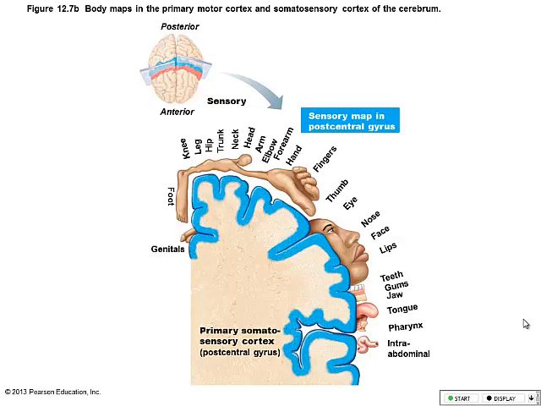All right, so we're on the sensory side. Notice this. Where this stuff is. It's in a band in that central region, post-central gyrus, and some of the sensory map.